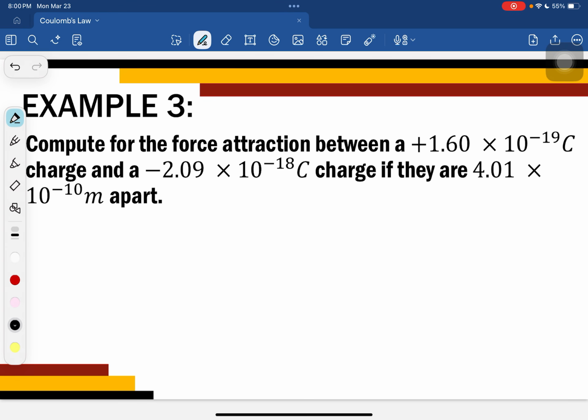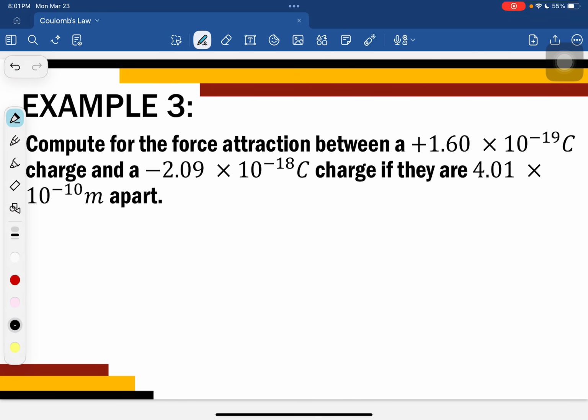Okay, example 3. Compute the force of attraction between a 1.6 times 10 to the negative 19 coulomb charge and a 2.09 times 10 to the negative 18 coulomb charge if they are 4.01 times 10 to the negative 10 meters apart. Okay, let's solve that.